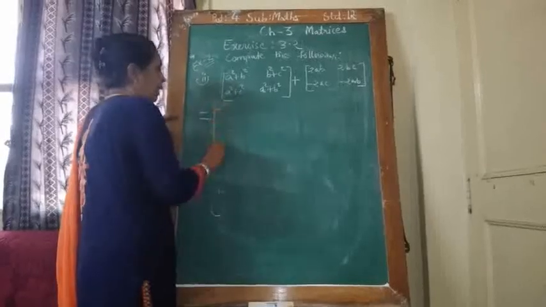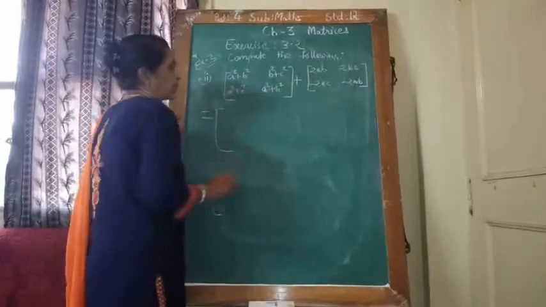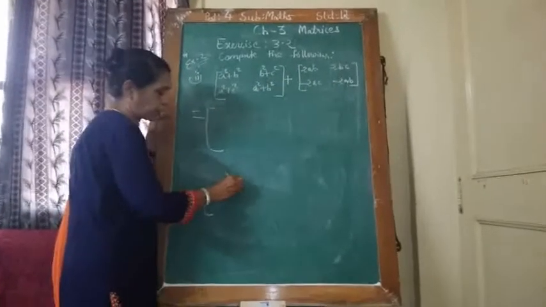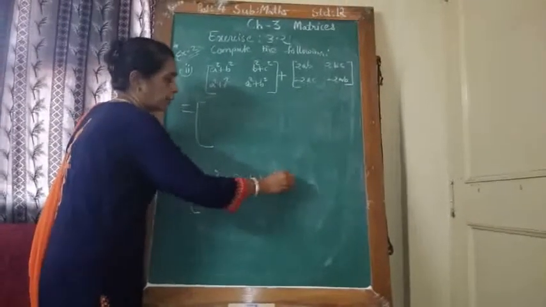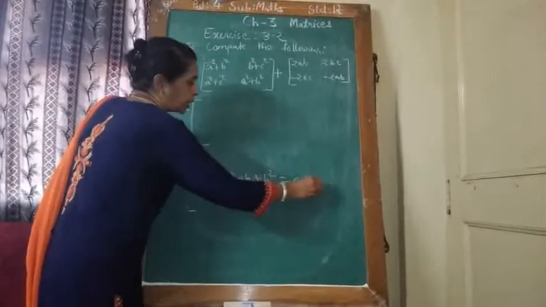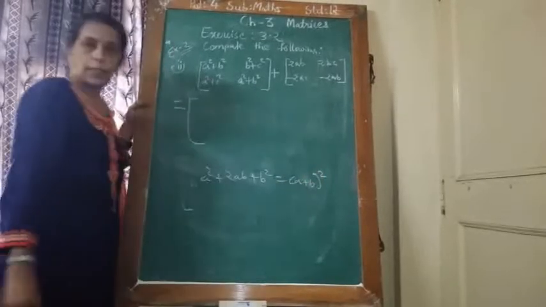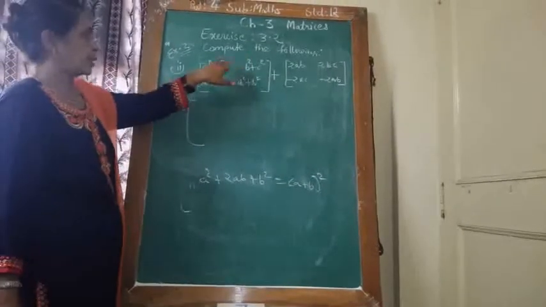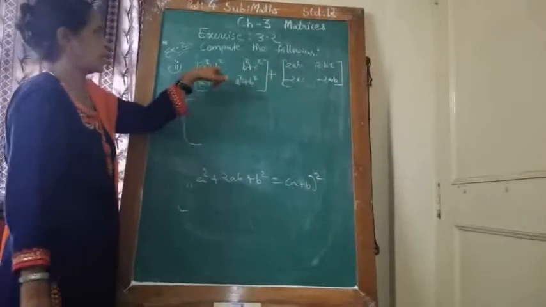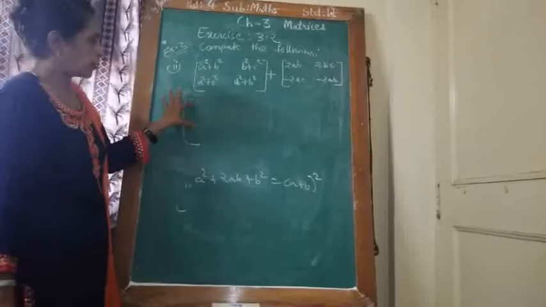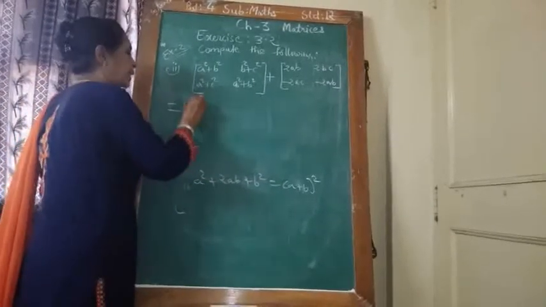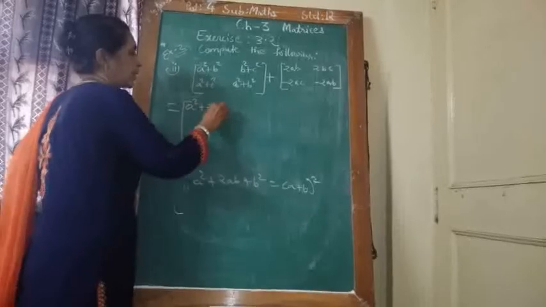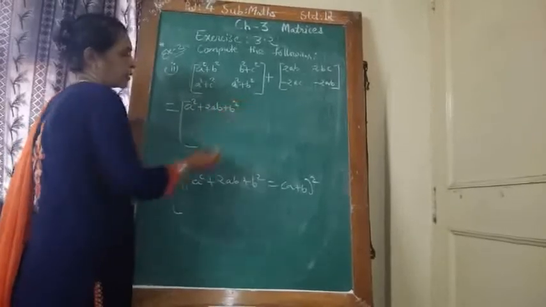Same way you have to write here A square plus B square plus 2AB, and you know that formula, no? A square plus 2AB plus B square is what? A plus B whole square. So you may directly write; you see this is the middle term, first and last term. So some students write directly also. But if you don't write directly, then you put it like this, 2AB, and after that this.